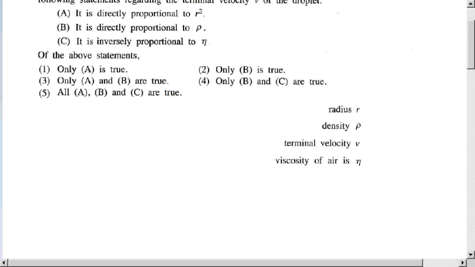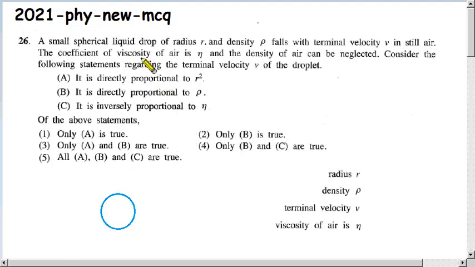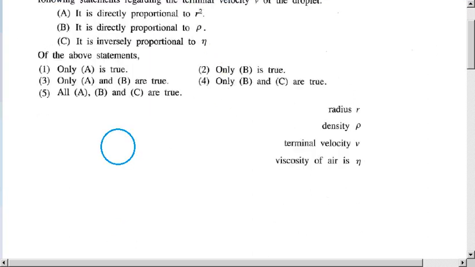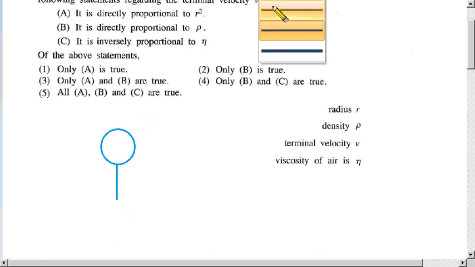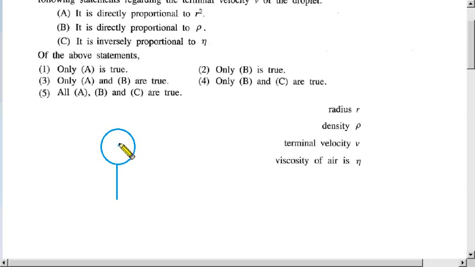Here assume a liquid drop or whatever, falling in the medium. This sphere is moving down.